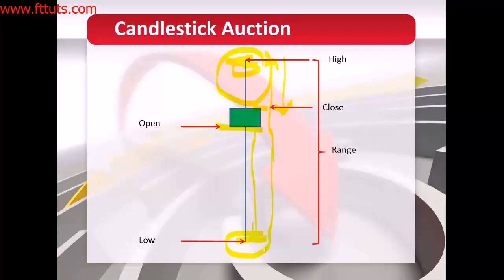It's not really obvious or intuitive simply by looking at the shape of the candle. Unlike, of course, the open and the close, the low and the high, those are very simple and anybody can identify those. But the story of the auction, what really happened, what took place within the auction, is not so obvious.